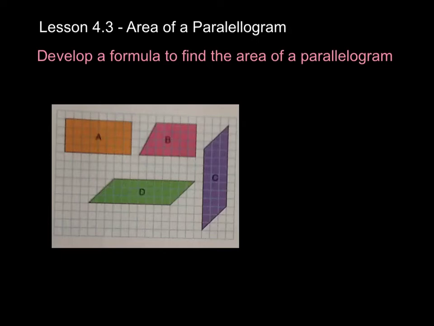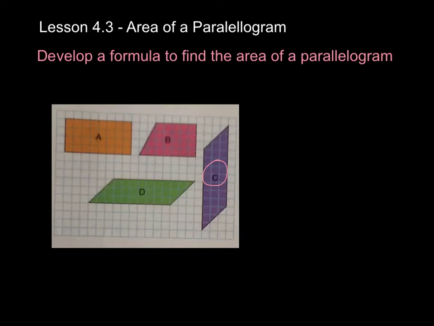So for example, C would be an example of a parallelogram because the opposite sides, so where my pointers, those are opposite sides, and these are opposite sides, and both of those are parallel lines. And we see that the shape has four sides, so it's a quadrilateral where both pairs of opposite sides are parallel. So C would be an example of a parallelogram.